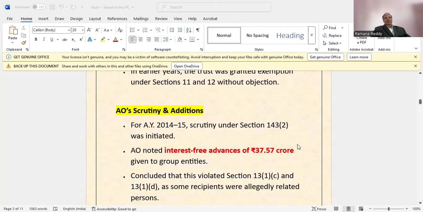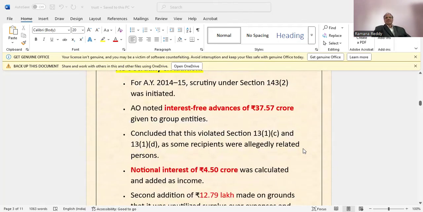Now, the AO's scrutiny and additions. For the financial year 2014-15, scrutiny under Section 143(2) was initiated. The AO noted interest-free advances of 37.57 crore given to group entities, related entities. He concluded that Section 13(1)(c) and 13(1)(d) were violated, as some recipients were allegedly related persons.